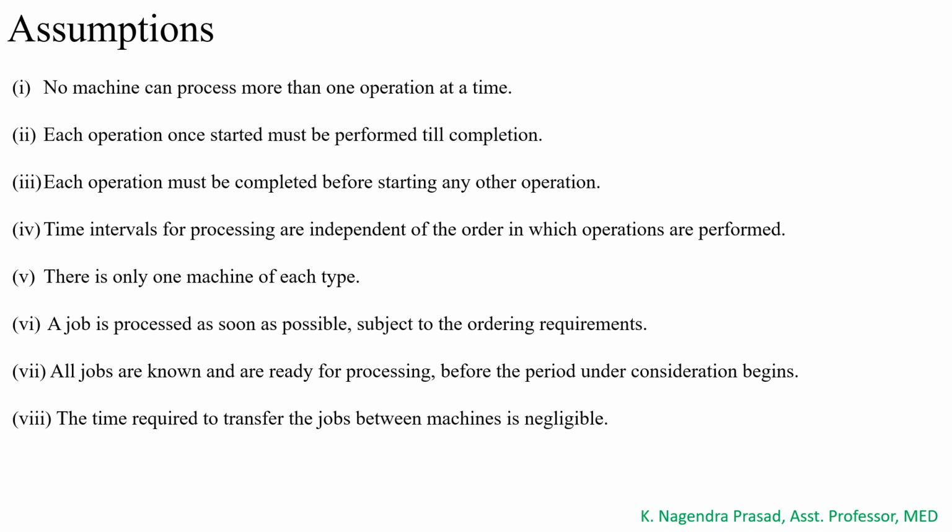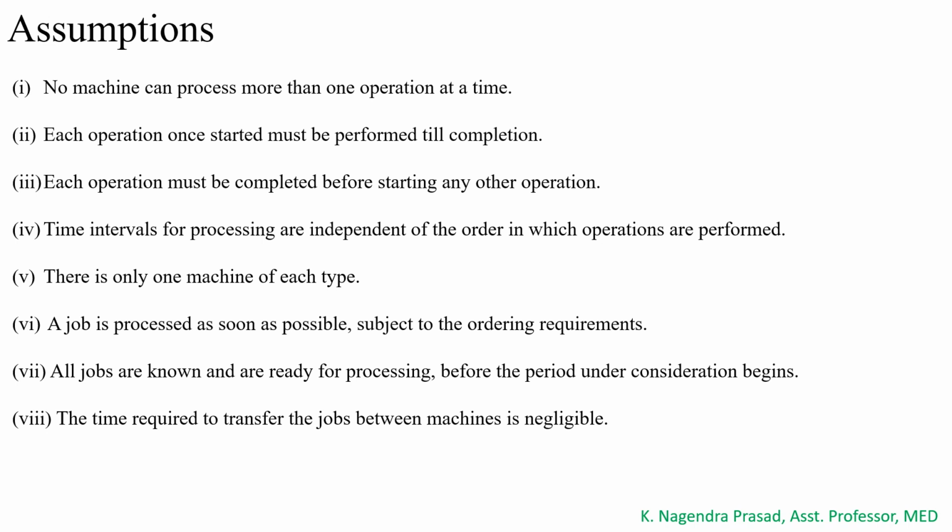And next assumption is that there is only one machine of each type. Next, a job is processed as soon as possible, subject to the ordering requirements. Next assumption is that all jobs are known and are ready for processing before the period under consideration begins. Last assumption is that the time required to transfer the jobs between the machines is negligible. So these are the assumptions.